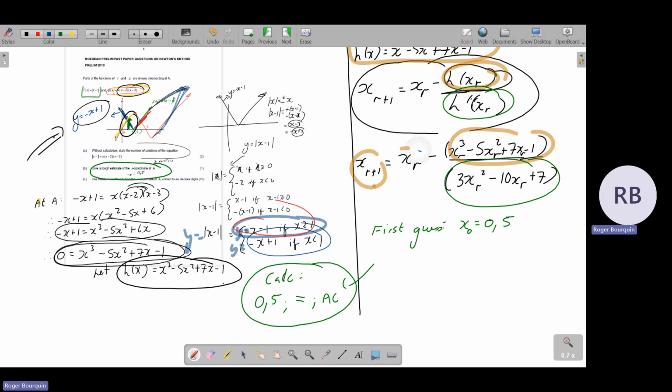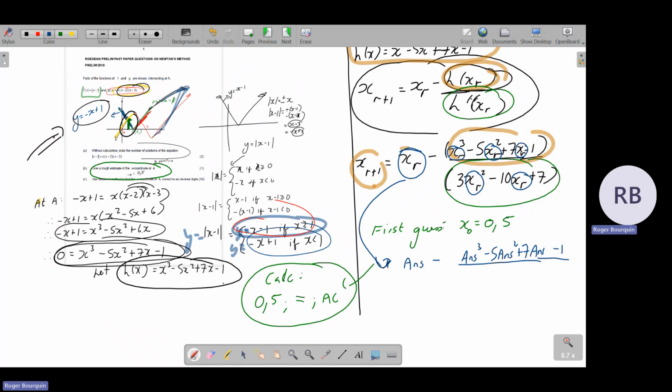So you're going to use this formula, and wherever there's an xr, you're going to press answer. On your screen, it's going to look like this: answer minus, answer cubed minus 5 times answer squared plus 7 times answer minus 1.